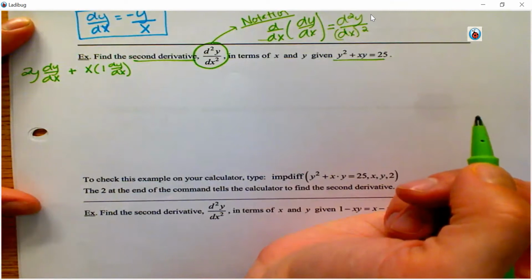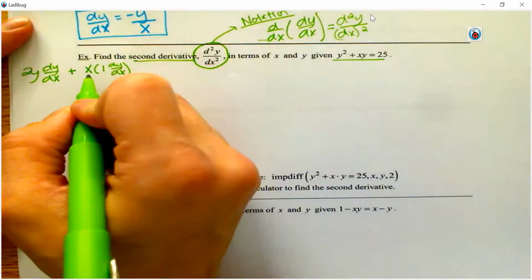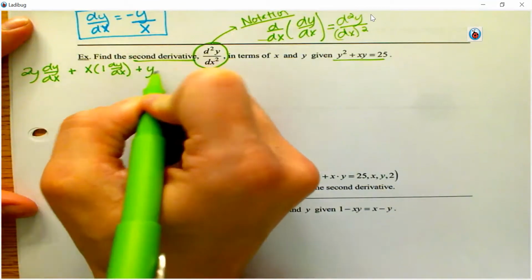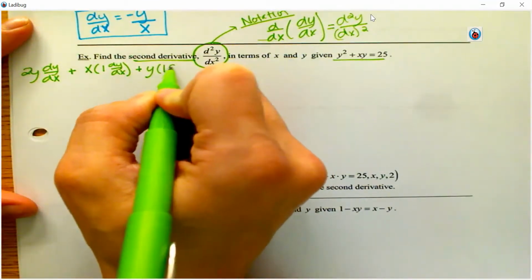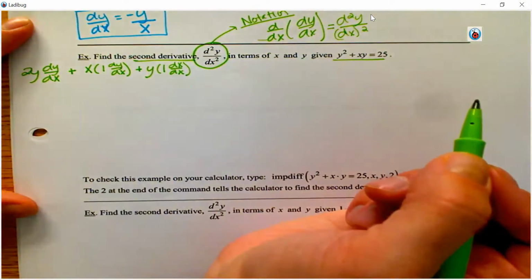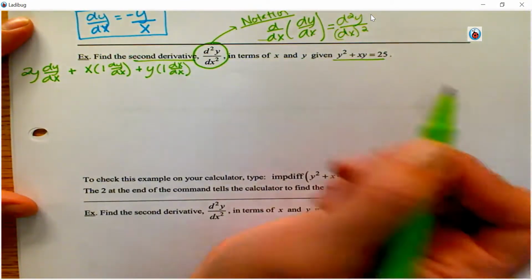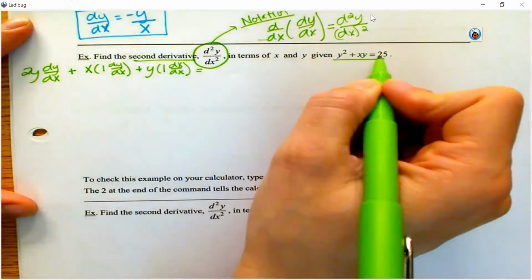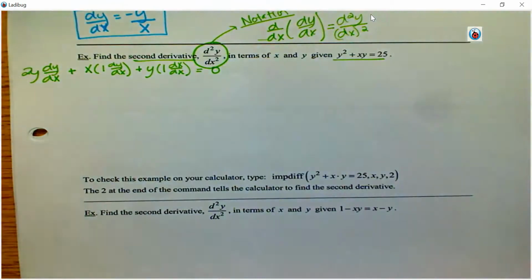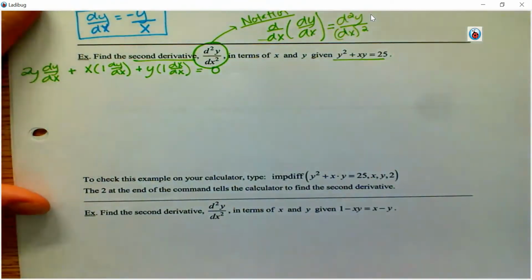Derivative of y with respect to x, sorry. So that's first function times the derivative of the second, plus second function, which is y, times the derivative of the first, which is 1 dx dx. Equals, derivative of 25 is 0. So dx over dx is just 1. That's gone.